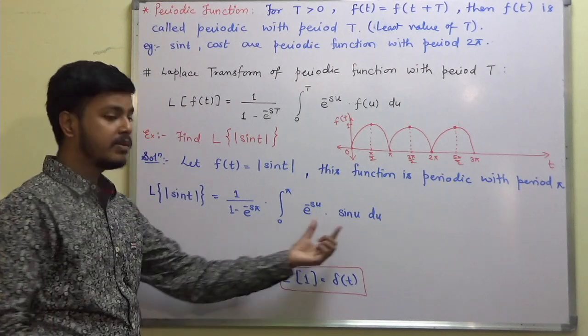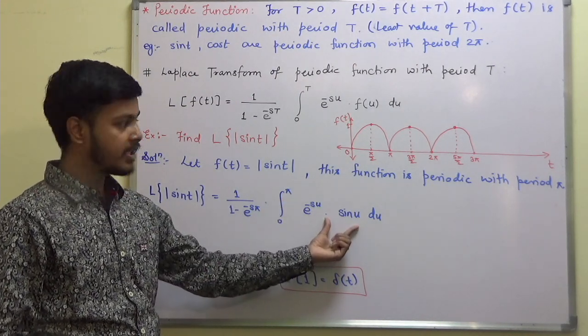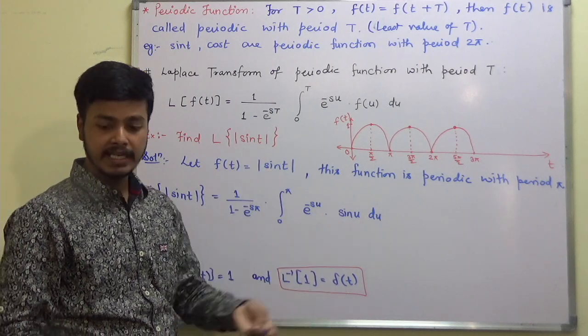Why am I not taking the mod? Because in the interval 0 to pi all the values of sine are positive. Mod of sine t will be sine t.